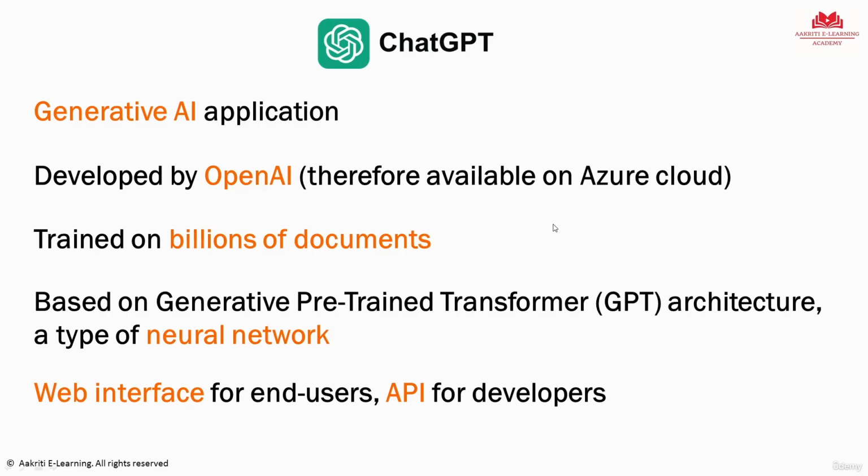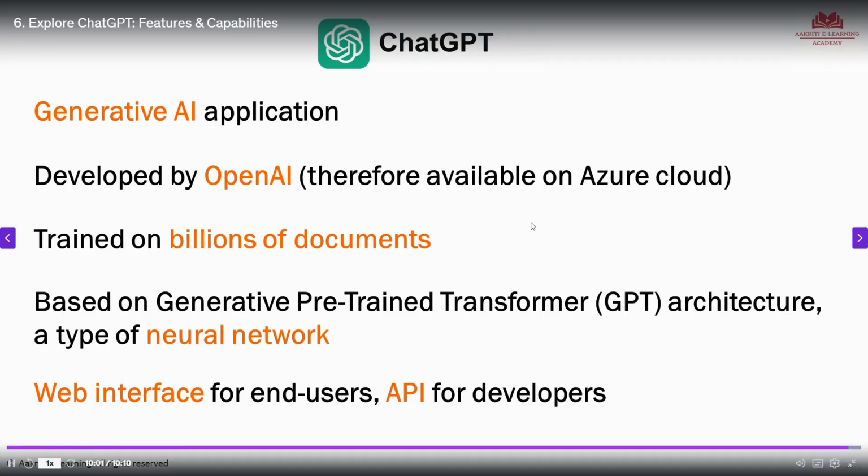Maybe there is some new model that will come in tomorrow and replace ChatGPT as the market champion. You never know. But what will remain is the idea that we will all have to embrace generative AI in our work, whether we are a developer, tester, business analyst, sales guy, marketing, anybody. We will all have to learn about generative AI and start using it in our work. And that is what this course is going to be all about.